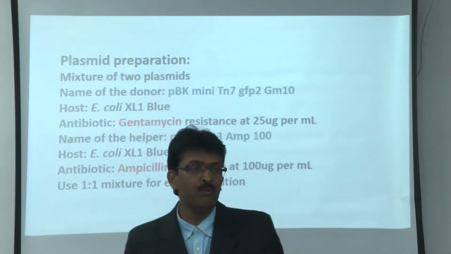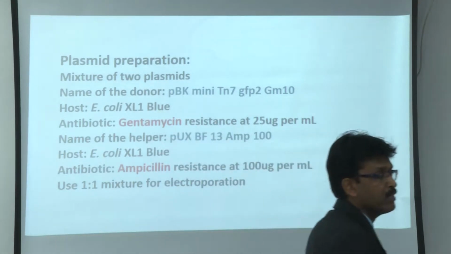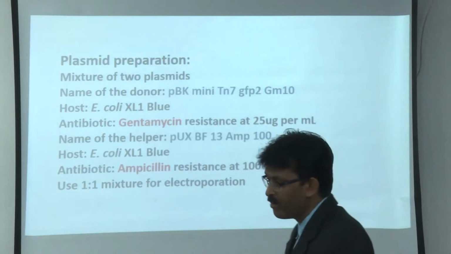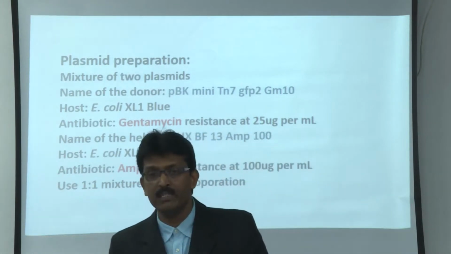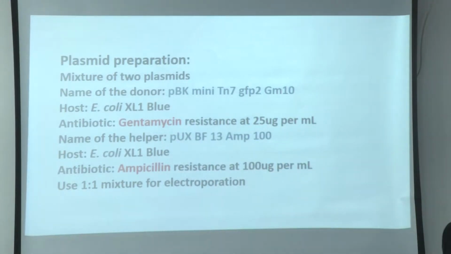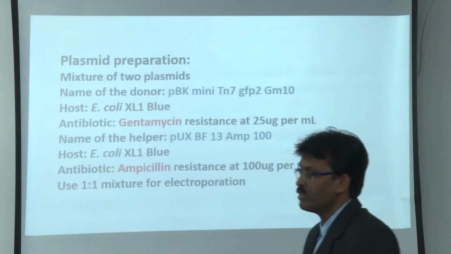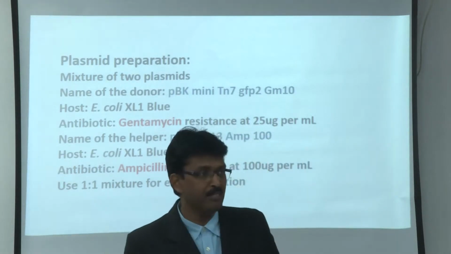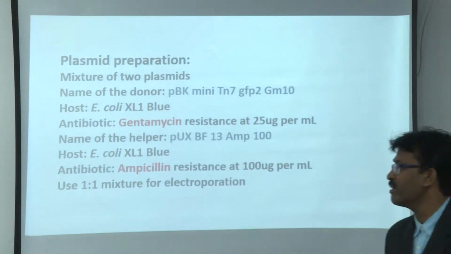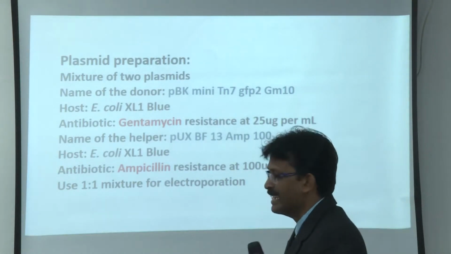So normally we go for a 1:1 ratio of mixing. It may be 50-50, that means 50 nanogram of DNA of your donor and 50 nanogram of DNA of your helper. You mix it, and this mixture you mix with your competent cells, 50 microliter of competent cells, which has 10 to the power 9 to 10 to the power 10 cells.